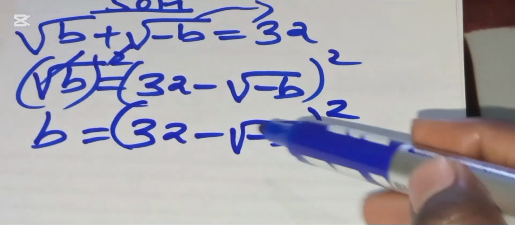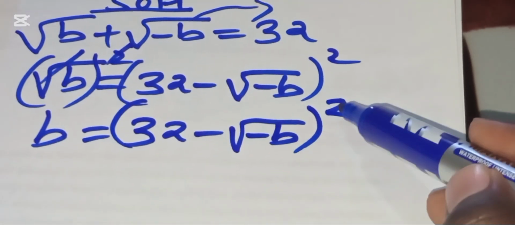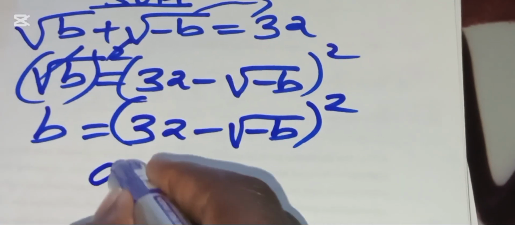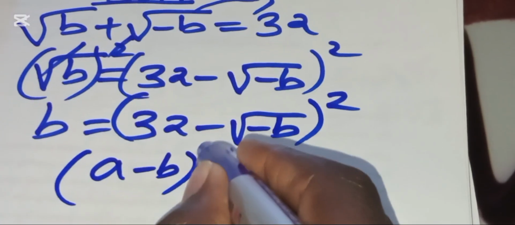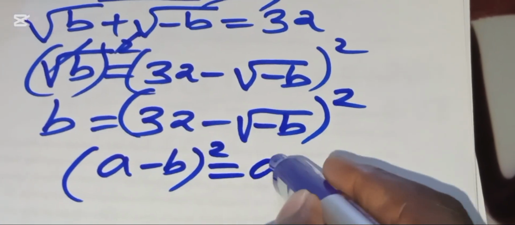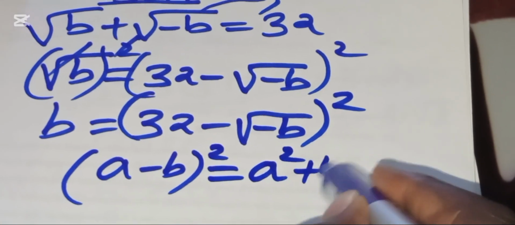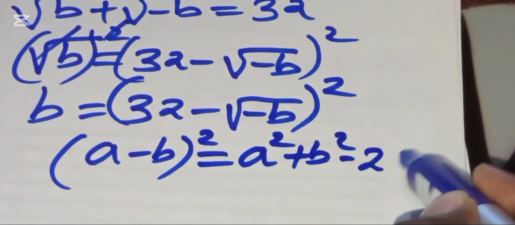Okay, so 32 minus the square root of negative b, squared, is in the form of (a minus b) squared, which is actually equal to a squared plus b squared minus 2ab.